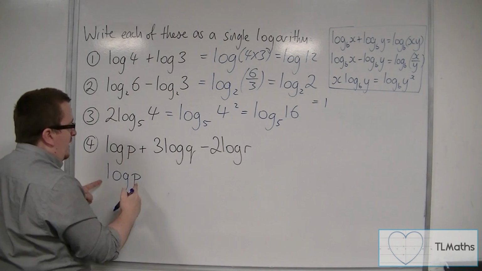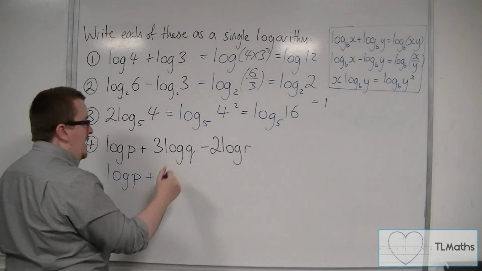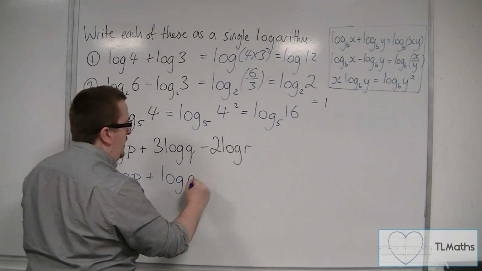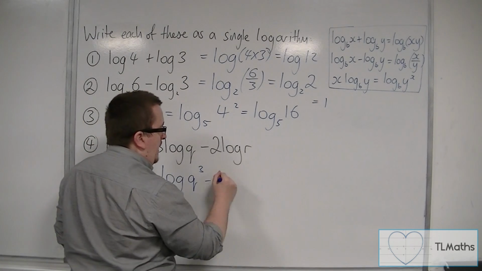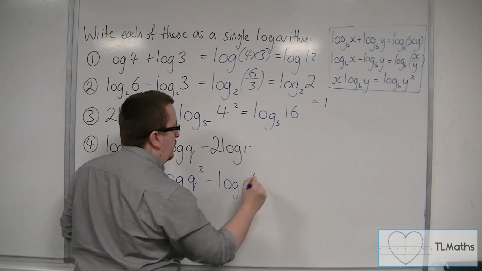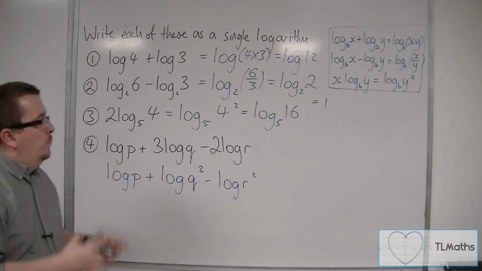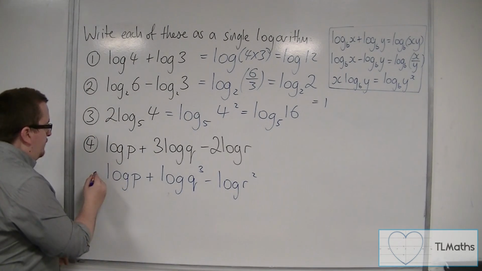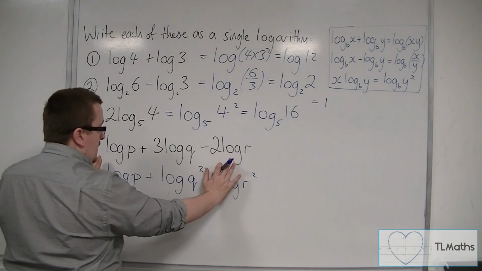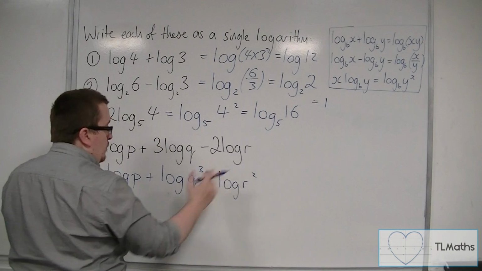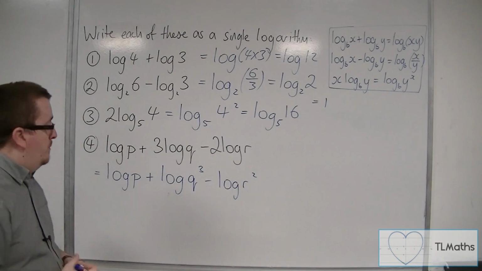Leave that log p alone. We're going to take the 3 up into the power, so log of q cubed. Take away 2 going up into the power, so log of r squared. Once we're at that stage, I would then suggest to look at the first 2 first, and then deal with the last term in a moment.